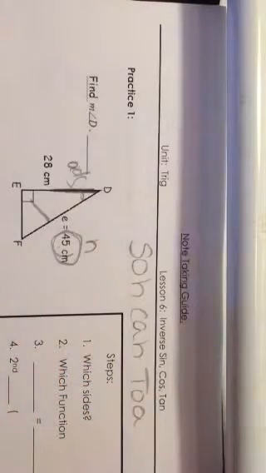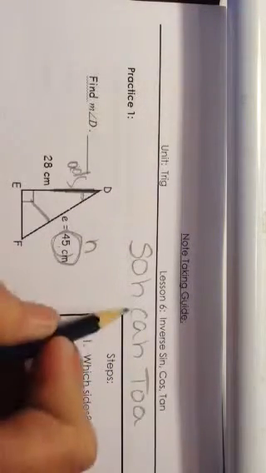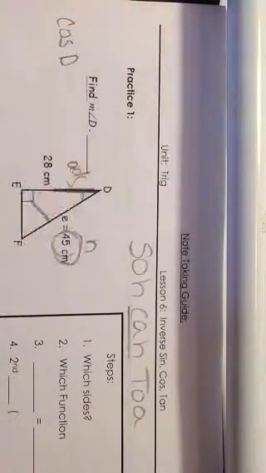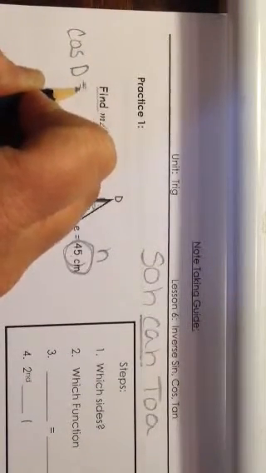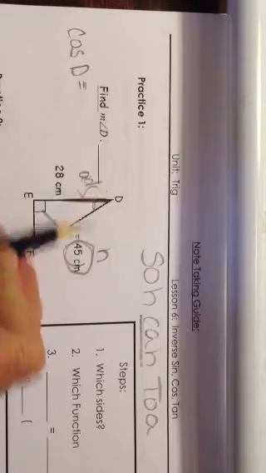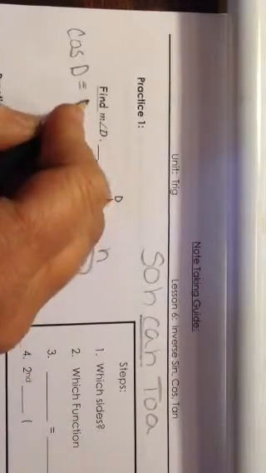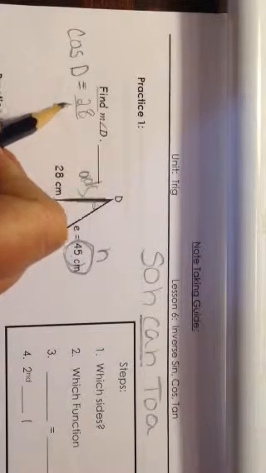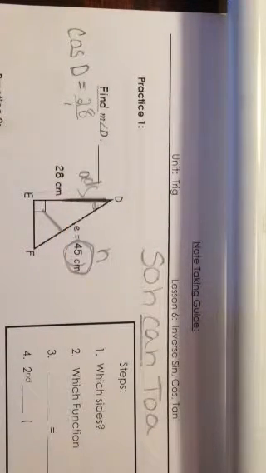So we need CAH, so cosine of, we don't know the angle, so we're going to call it D, equals side adjacent, which is 28, over the hypotenuse, which is 45.